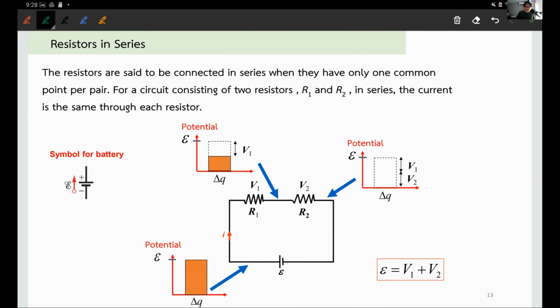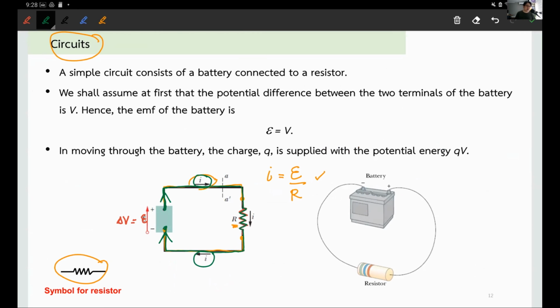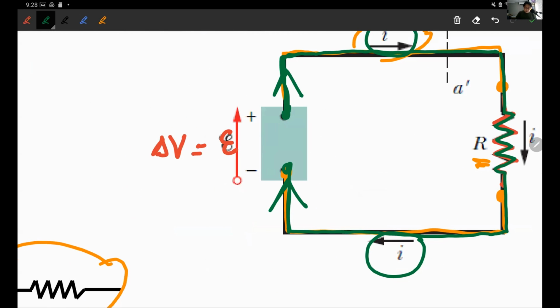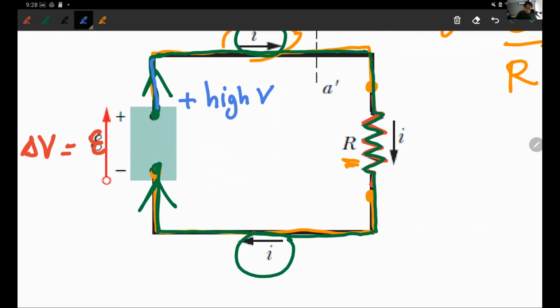If the current is the same, what's changed? What actually changed is the energy. Think of it this way. You start out with the positive terminal, so that means this is high potential. And then the current just keeps flowing here.